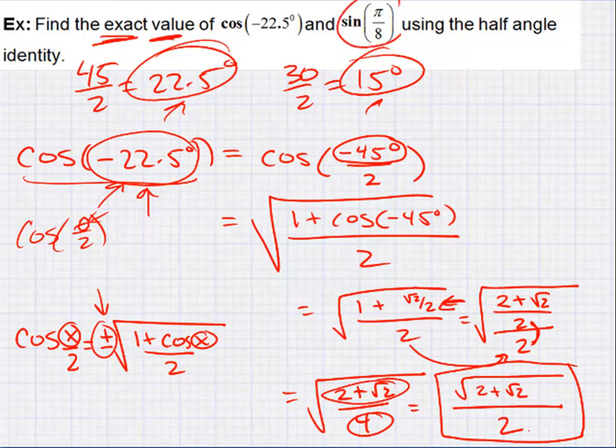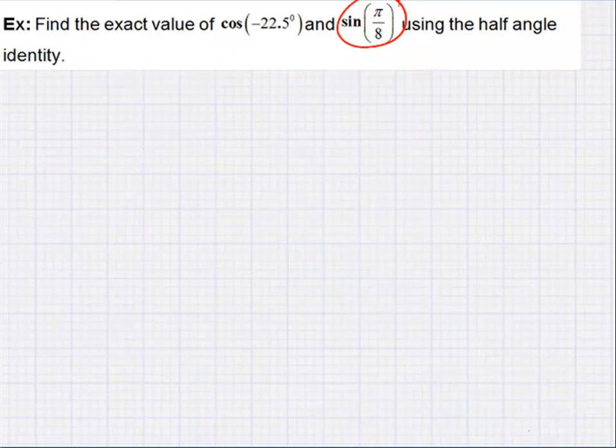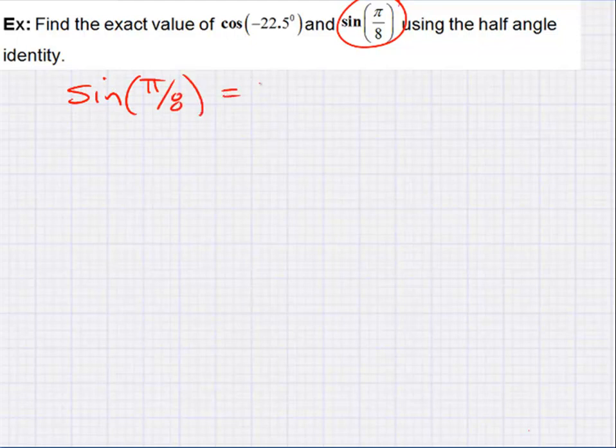What about this one? Sine of pi eighths. Well, if I think about the sine of pi eighths, it is pi fourths divided by 2. Because if I divide pi fourths by 2, I multiply the denominators, and that gives me pi eighths.